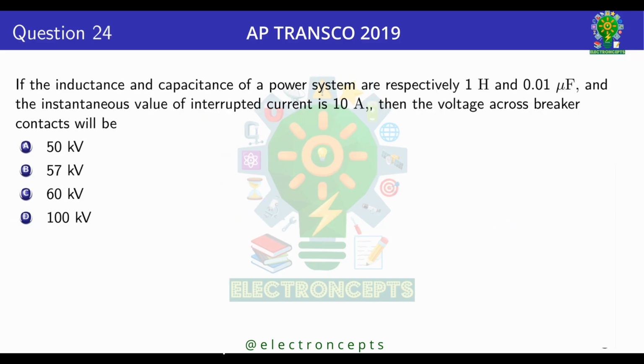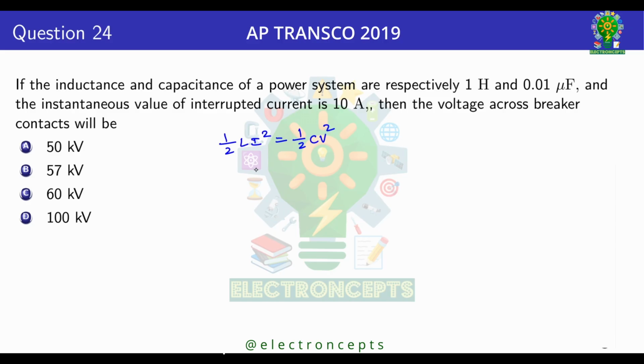Question number 24. If the inductance and capacitance of a power system are respectively 1 Henry and 0.01 microfarad, and instantaneous value of interrupted current is 10 amps, we need to find the voltage across the circuit breaker contacts. When circuit breaker interrupts currents, also known as current chopping, the magnetic energy stored in the system's inductance is converted into electrostatic energy in the capacitance, which means half Li square is converted to half Cv square.